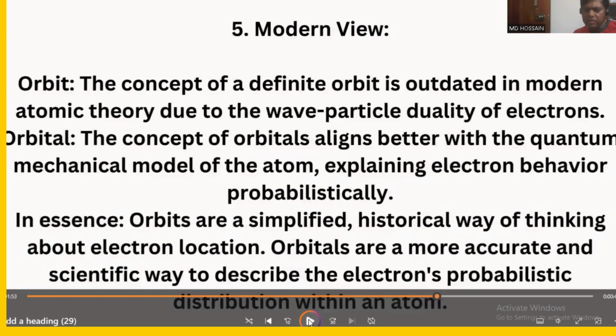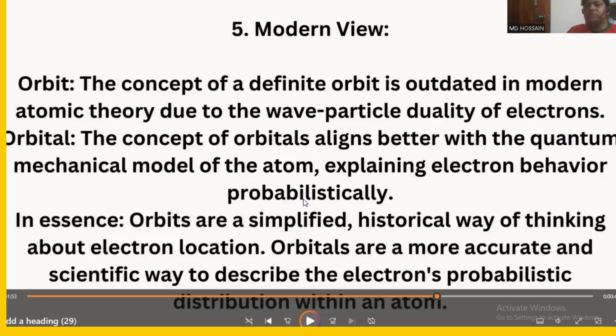Now slide 5. See here, modern view. Since the discovery of the electron by Sir J. J. Thomson, a revolution has happened tremendously, and with the development of scientific instruments and thinking procedures, we have earned more data regarding the electrical particle behavior and the wave behavior.